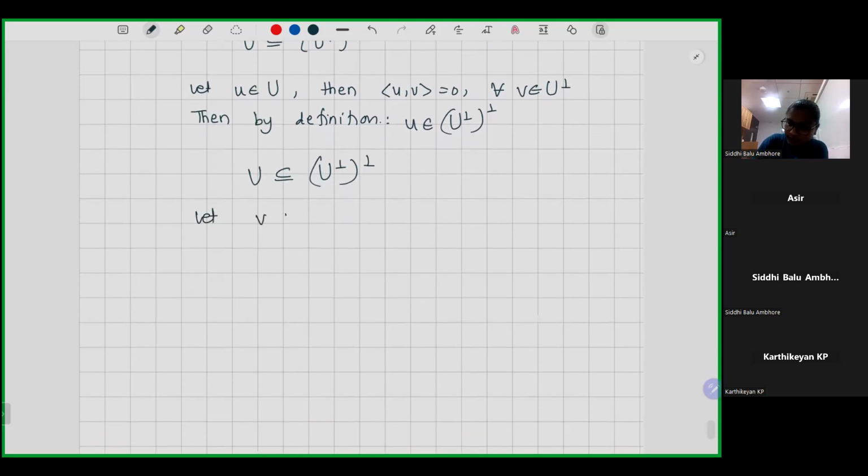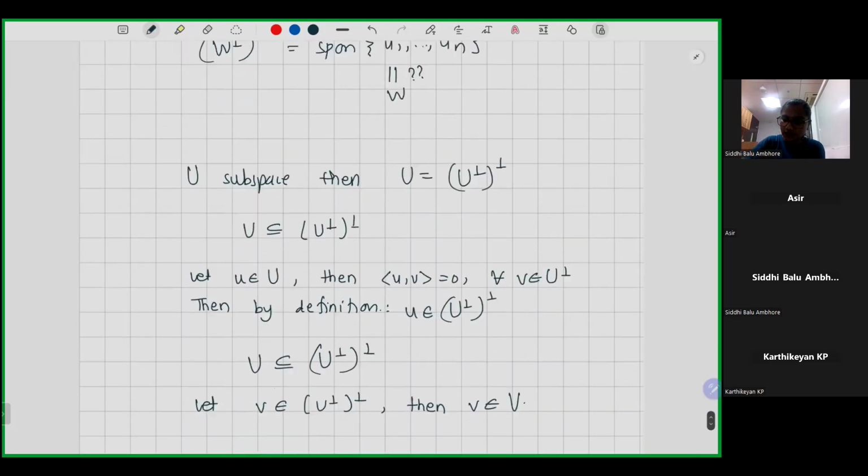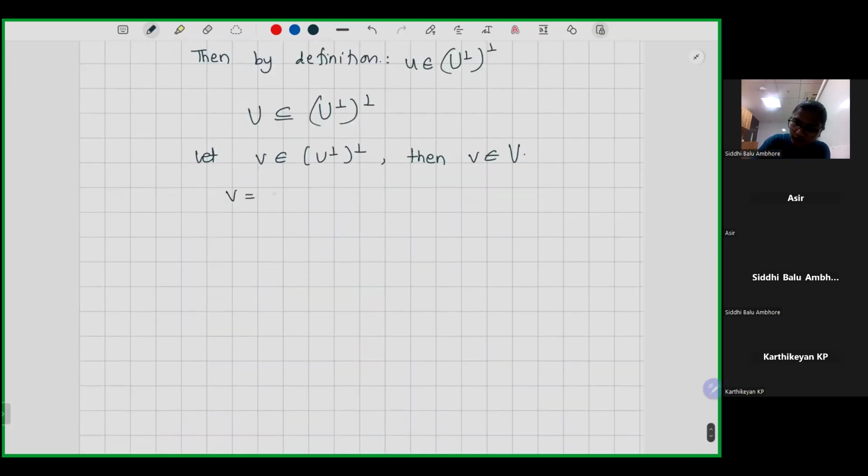So now let us take V in U perp perp. Then this V also belongs to our vector space V. Then from this proposition, V is equal to U plus W, where U belongs to U and W belongs to U perp.